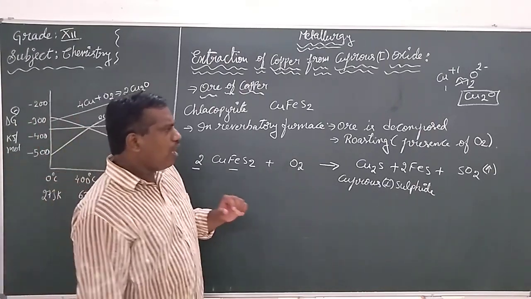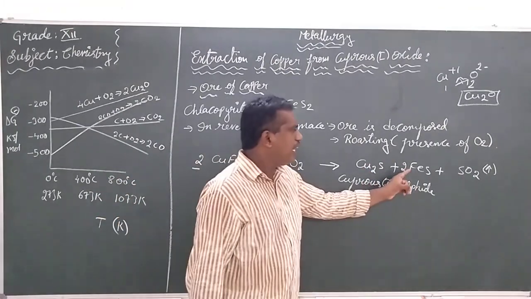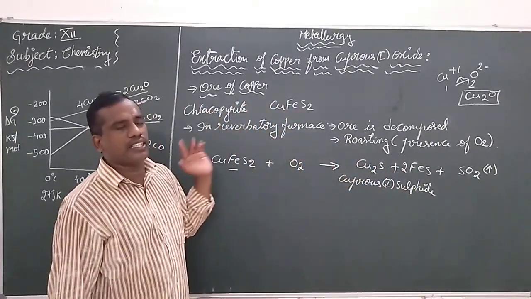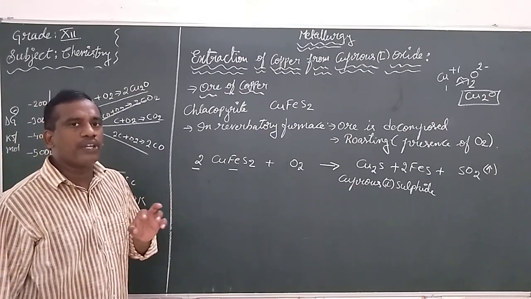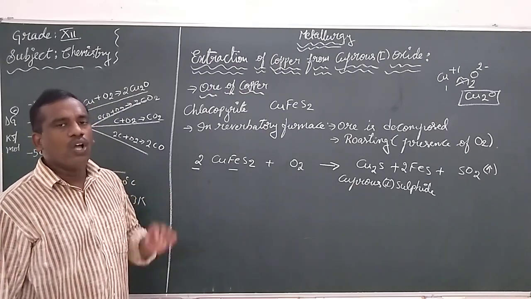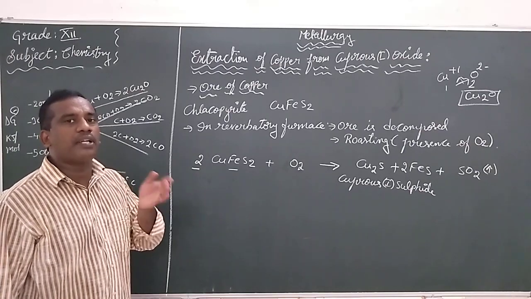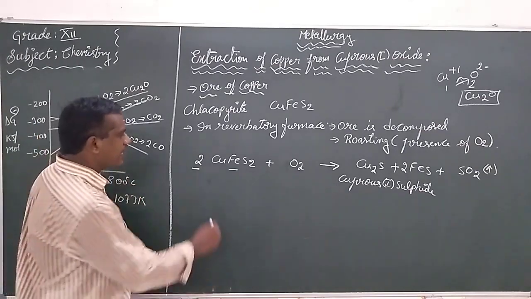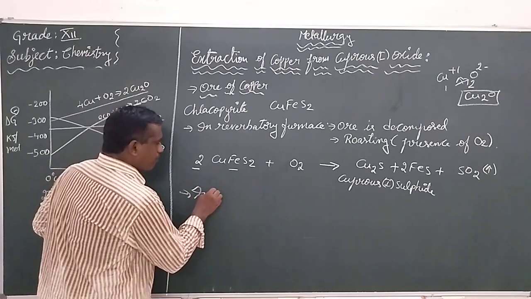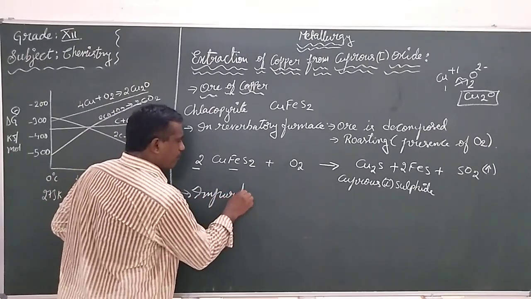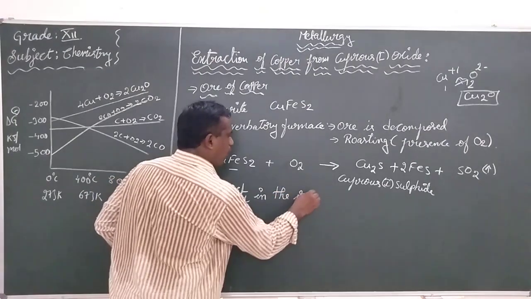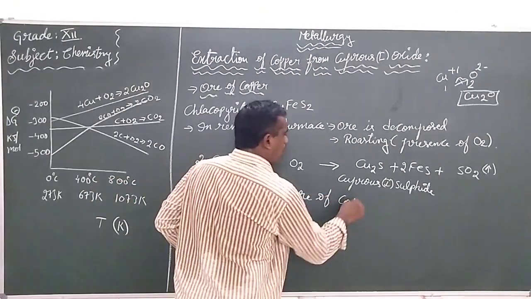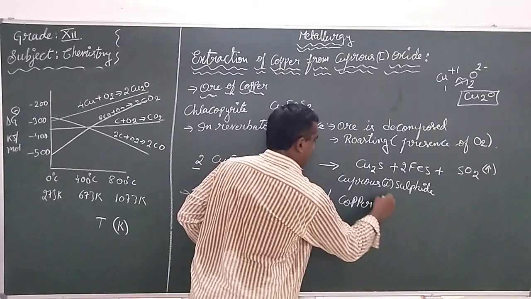Here we have an impurity present in this ore. What is the impurity present in the ore of copper?